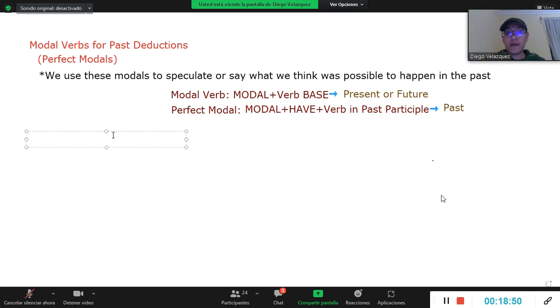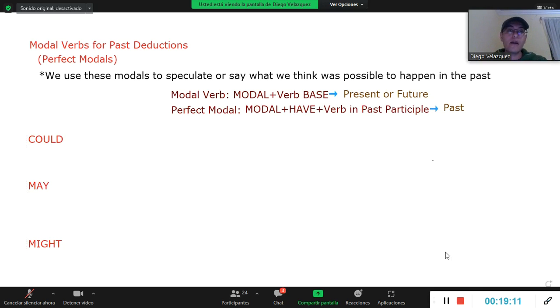And well, considering that this is about past possibilities, guys, I would like to start first with these three modals. I would like to start the class with could, with may, and with might.